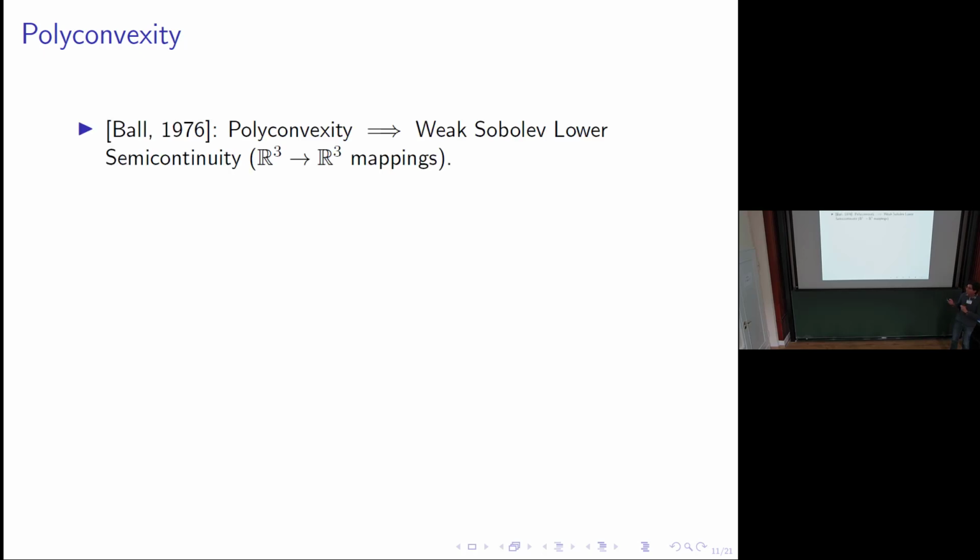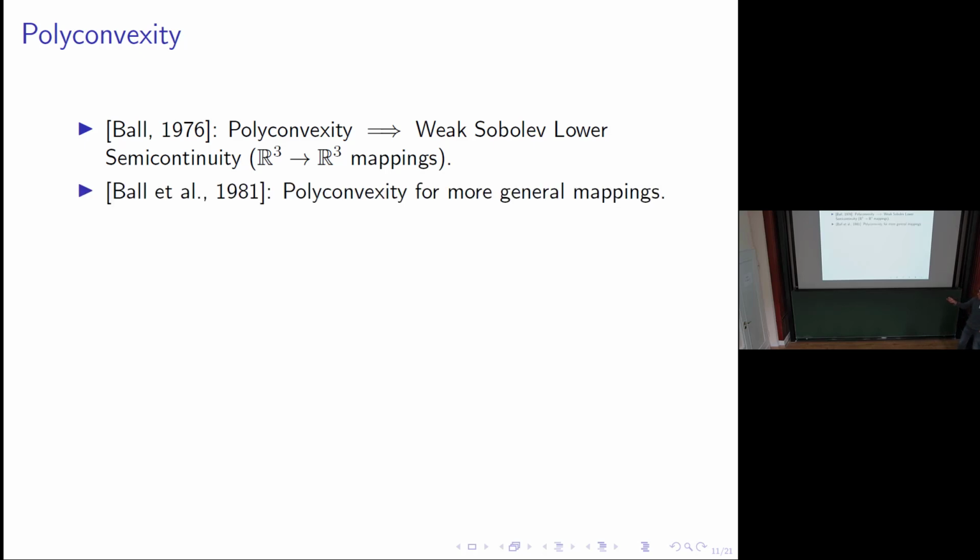All right. So when I started out this project, I had just learned PDEs and calculus of variations, and my advisor told me to look into Ball's work, because that's where this was originally done. So Ball in 1976 or 77 showed that polyconvexity leads to weak lower semicontinuity of the energy, and that's good enough to get existence theorems in 3D elasticity.